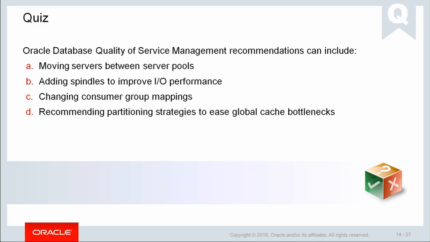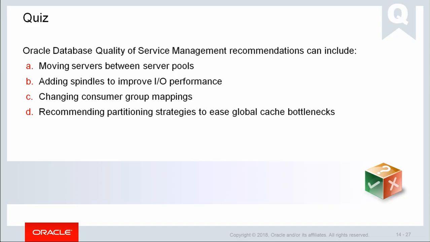And also, Oracle Database Quality of Service Management recommendations can include moving servers between server pools. Makes sense? Adding spindles to improve I/O performance. No, Quality of Service will not make any recommendation on underlying storage directly. And also remapping the current user to a different consumer group.